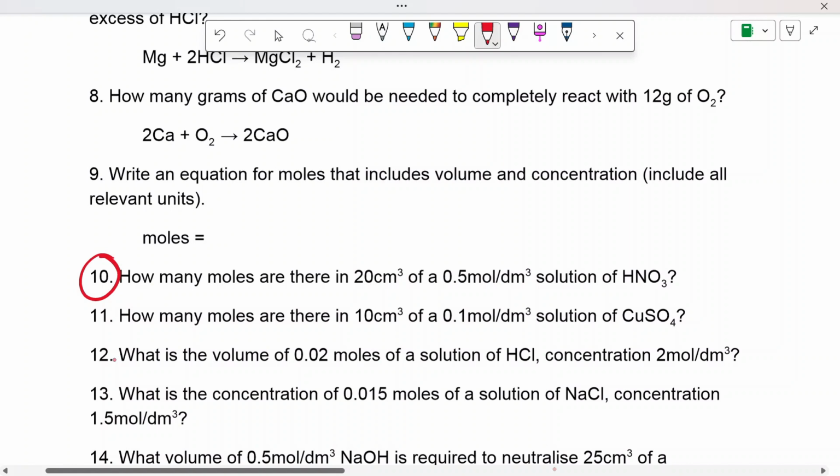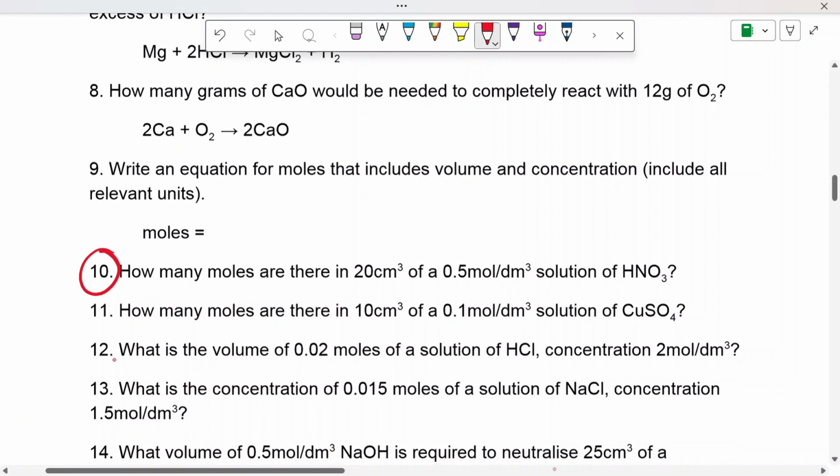First, we have to do 20 divided by 1000. Now can you quickly write down the relation that you will be using to work out the moles?